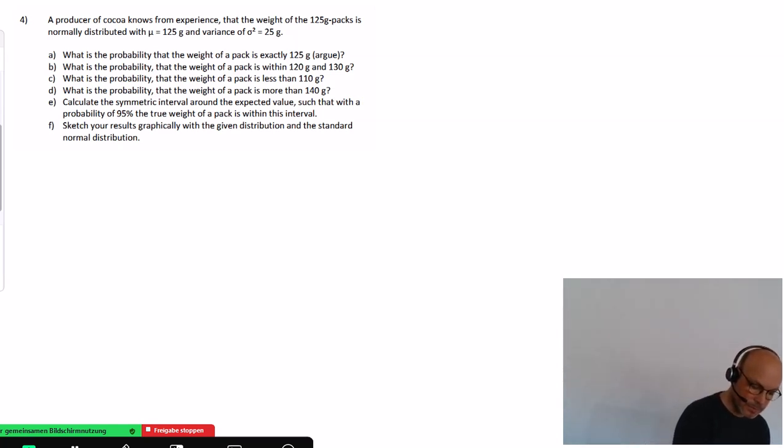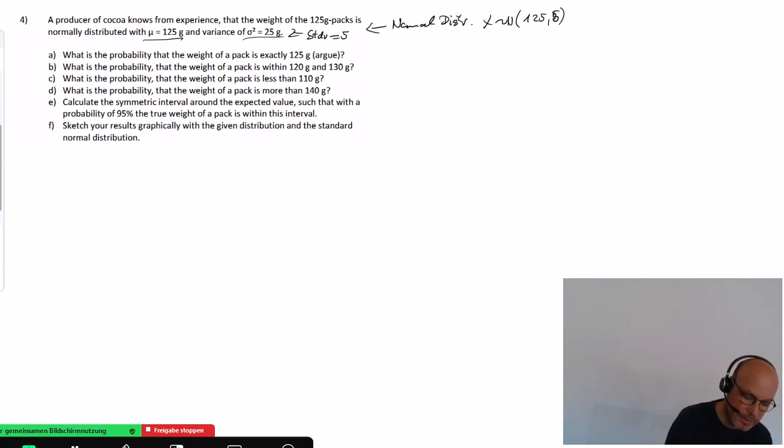So, cacao, from experience, we have a normal distribution of 125 grams with a variance of 25 grams. Well, from this, X is normally distributed with 125 and 5, the square root, standard deviation equals 5.